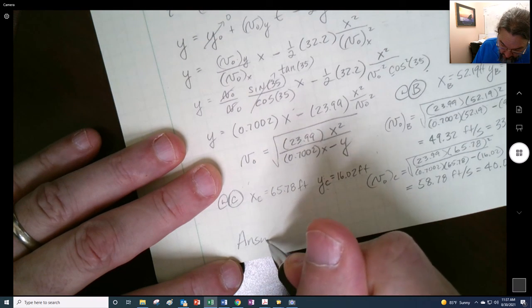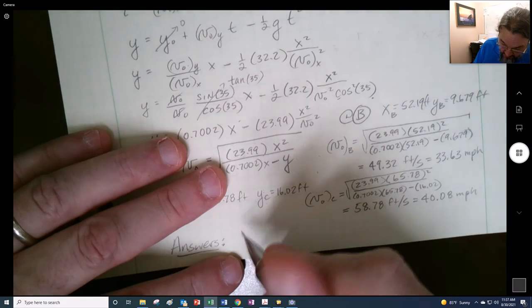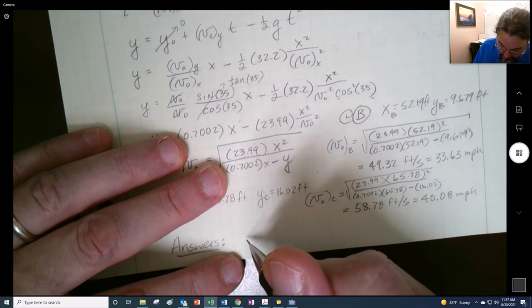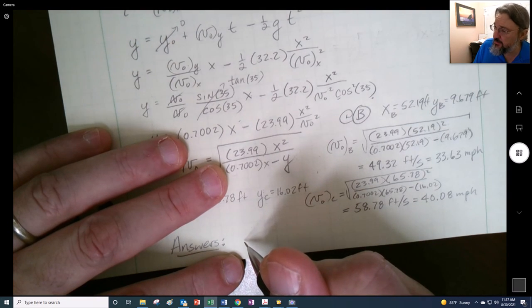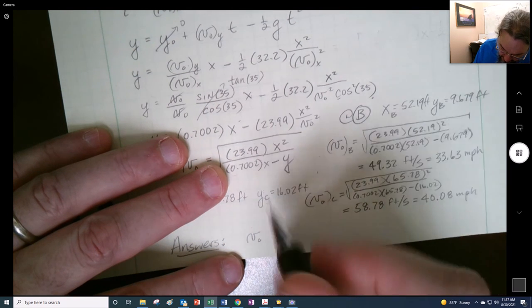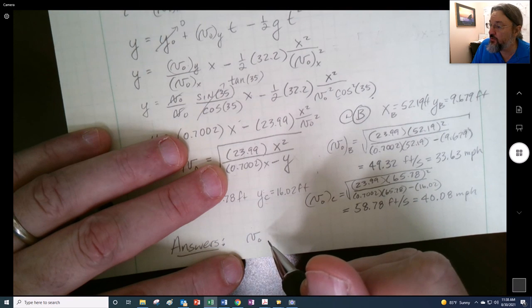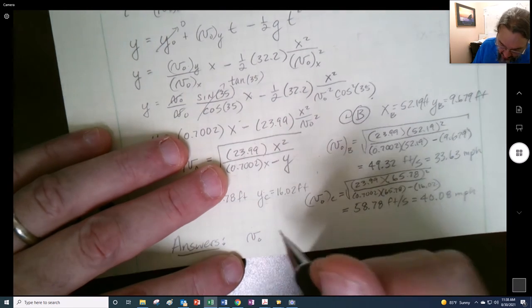Answers. It's going to be, did I write this out? I guess I did. Did I ask for velocity's value of the speed? Yeah, I think I'm okay.